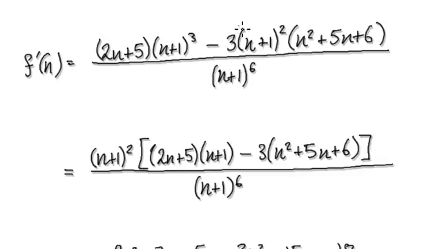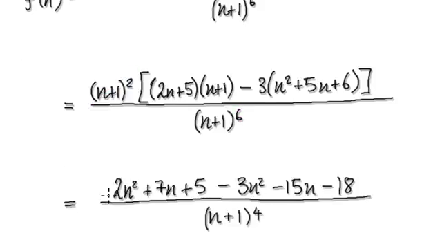And then if you look at this, n plus 1, n plus 1, you can factor out n plus 1 squared. So now this will cancel out with this down here. That will then take you to here.